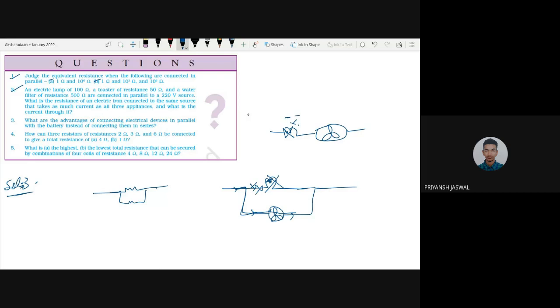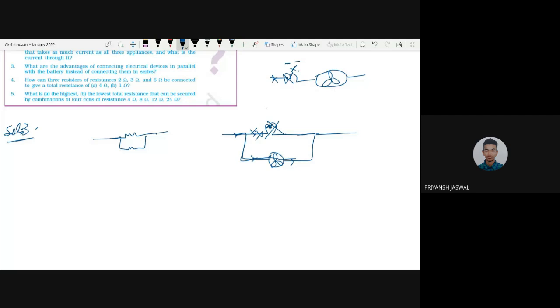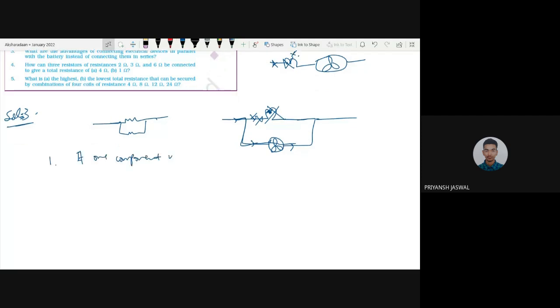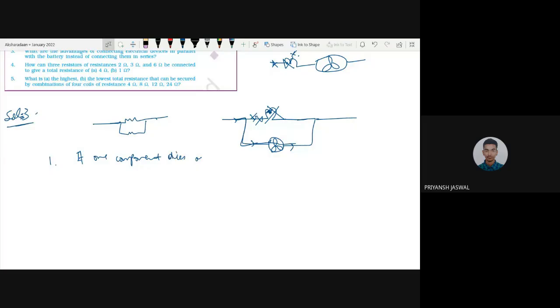Whereas in series, if the bulb dies out, then the current will stop here only and the fan will also not work. So the first and greatest advantage is that if one component dies out or is simply removed from the circuit, and these components are only the resistive components, if we take out the battery, then nothing will work.